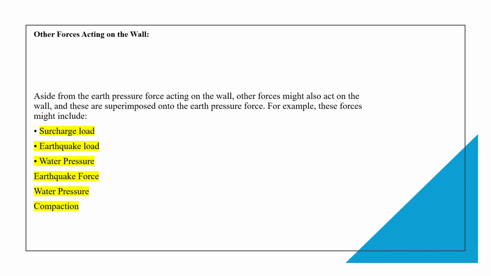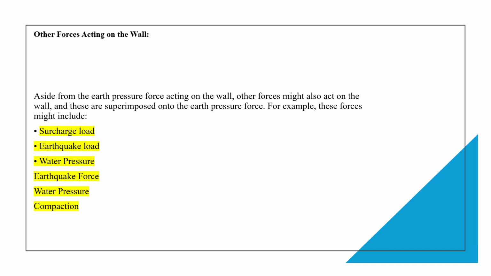Surcharge pressure results from loads such as line load, strip load, embankments, and traffic, such as a parking lot, floor loads, and temporary loads such as construction traffic and other material. Generally, elastic theory is used to determine the lateral pressure due to the surcharge, and solutions are available.